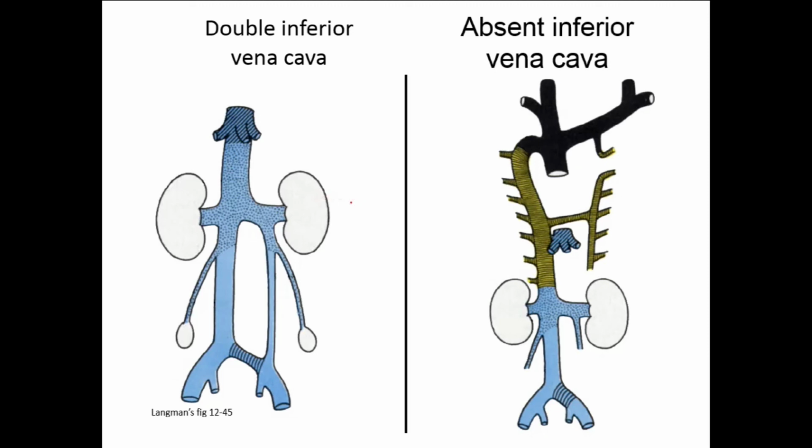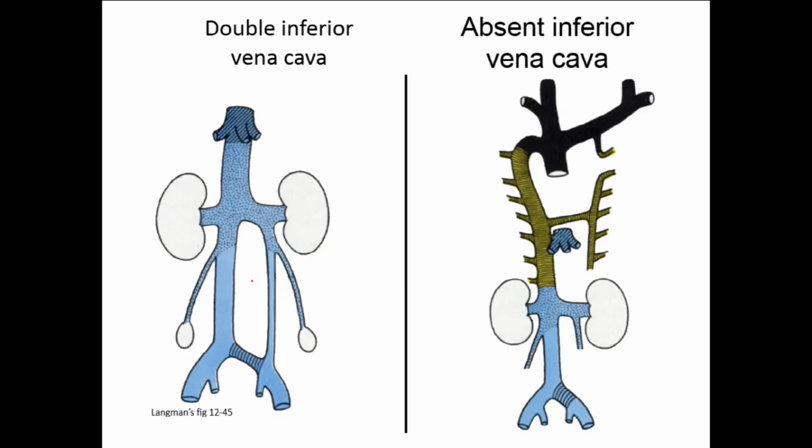Now about the inferior vena cava. The inferior vena cava may be doubled, in the lower part, that is the post renal part. And how will it happen? It will happen when there is no obliteration of the left sacrocardinal vein.